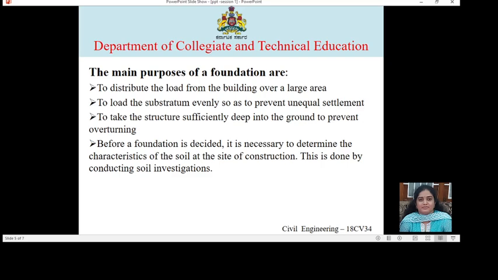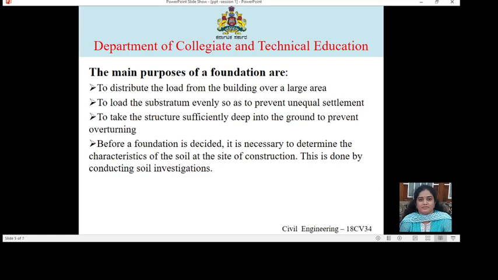If the movement of the foundation is not uniform with respect to the other side or other corner of the building, then it is called unequal settlement, and it is more dangerous than equal settlement. That's why the substratum is loaded evenly, to prevent unequal settlement.